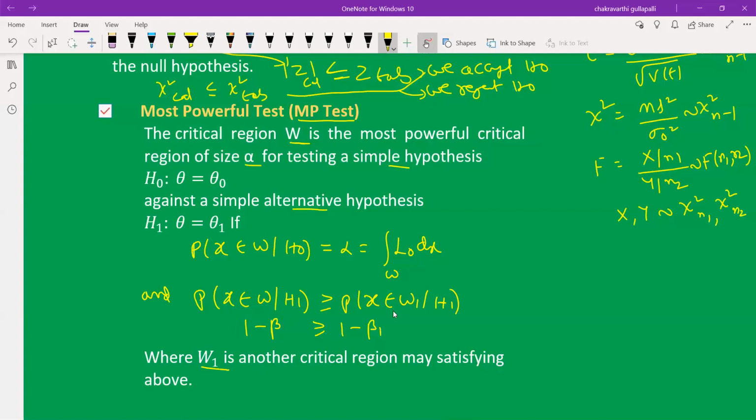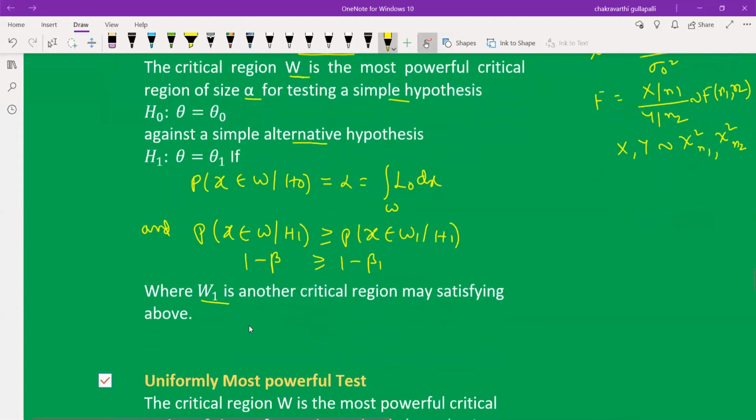By comparing these two powers, W critical region power of the test is 1 minus beta, W1 critical region power of the test is 1 minus beta 1. W critical region power is more compared to W1. That's why W is the most powerful critical region. The corresponding test is the most powerful test.